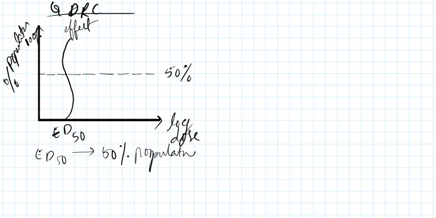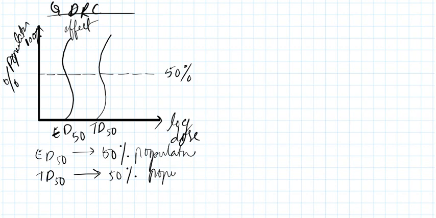The dose which causes toxicity in 50% of the population is called the toxic dose. The dose which may produce toxicity in 50% of the population is called toxic dose.